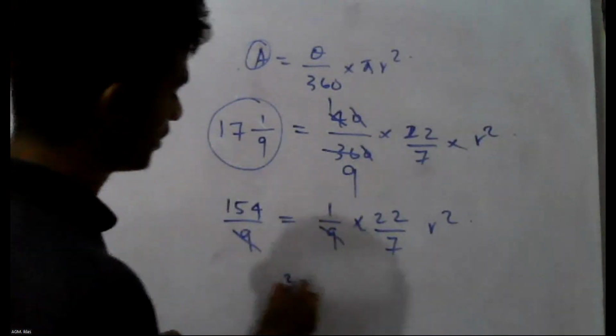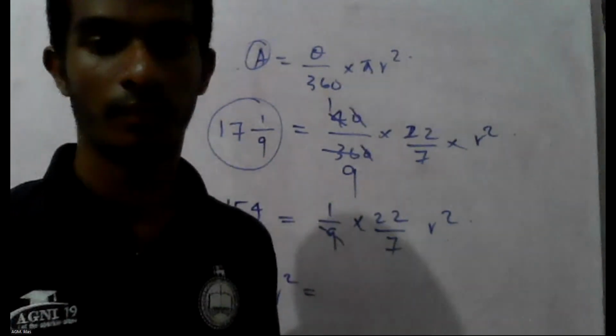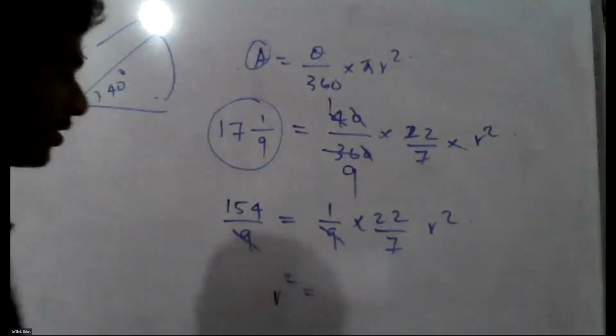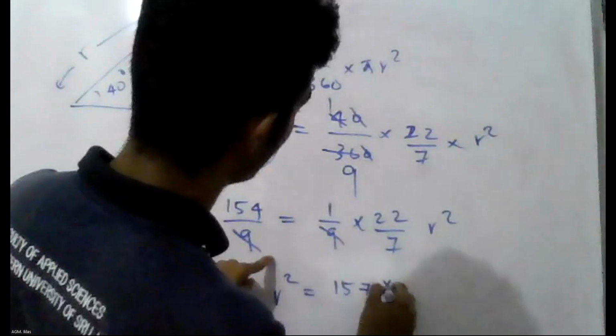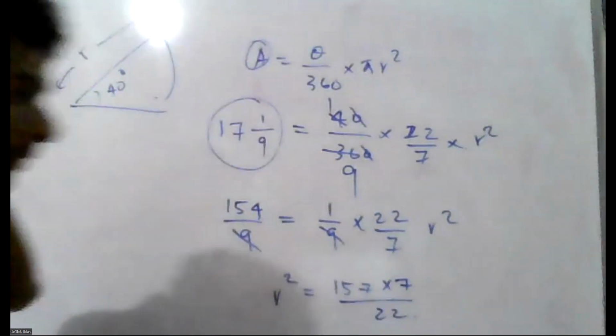So r squared is equal to 154 into 7 over 22.